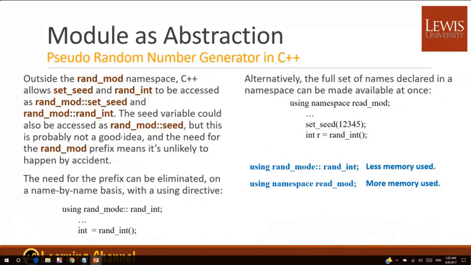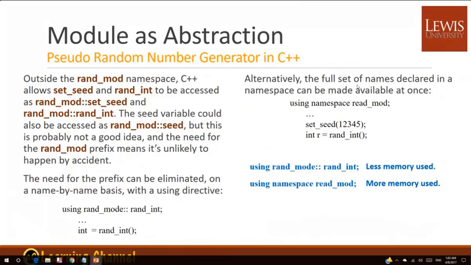Then you are able to access the namespace. So you can use the random module, double colon, and then your function name. By doing this, you can run this random number generator.